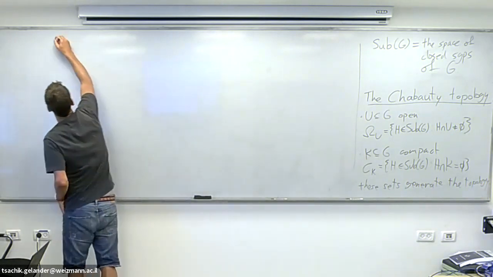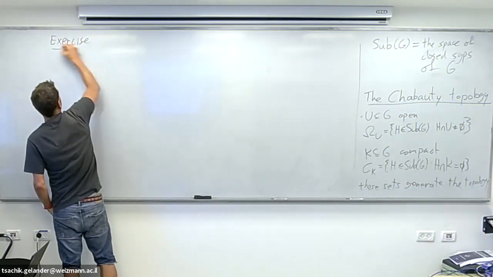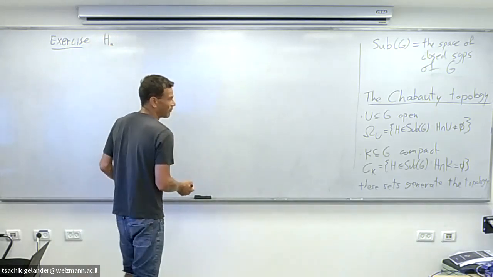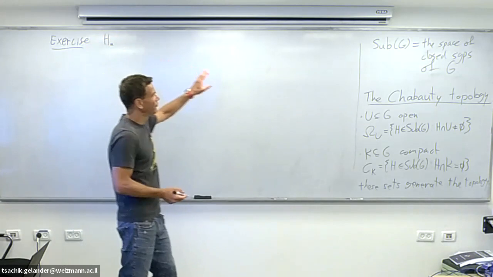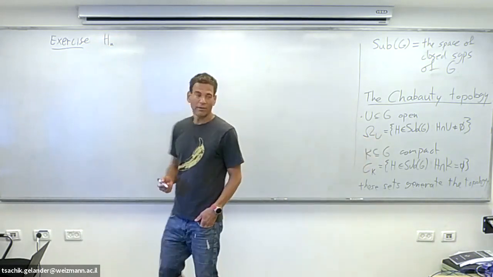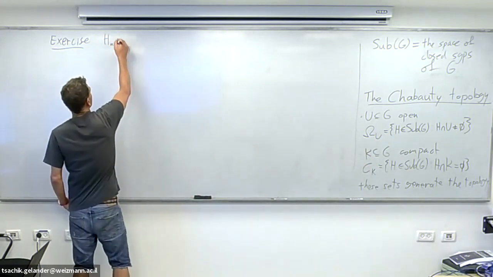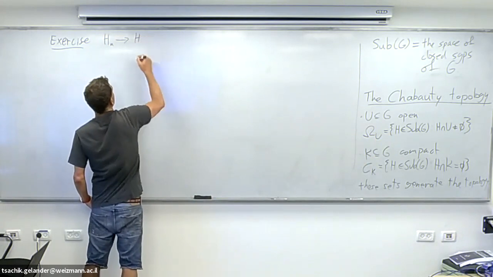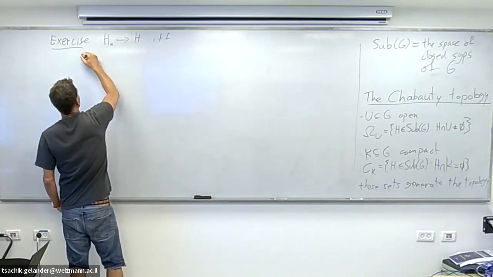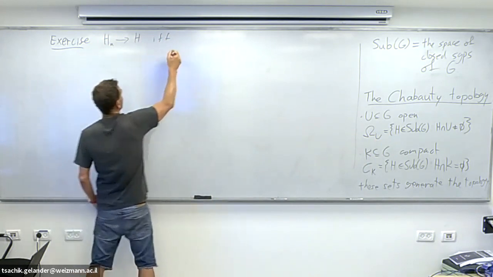The exercise says that, let Hn be a net of subgroups, or let's say that G is locally compact, sigma compact, and then it's even metrizable. So the sequence of subgroups converges to a limit if and only if the following holds.